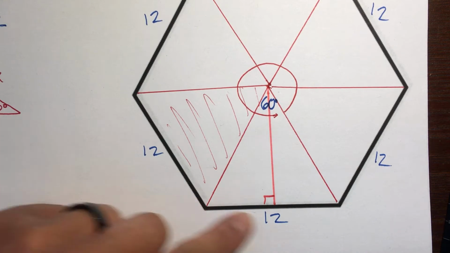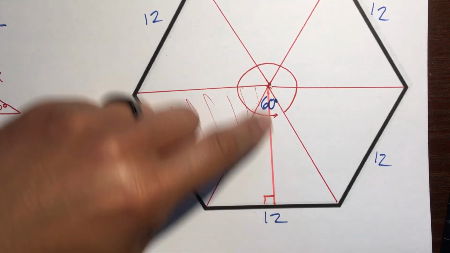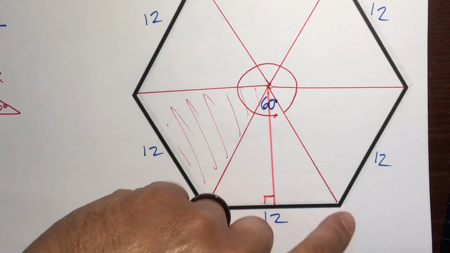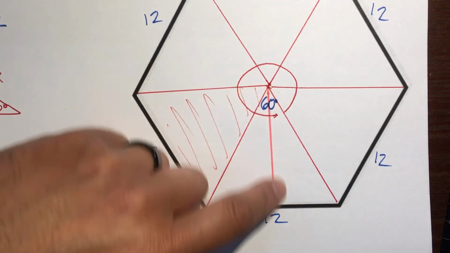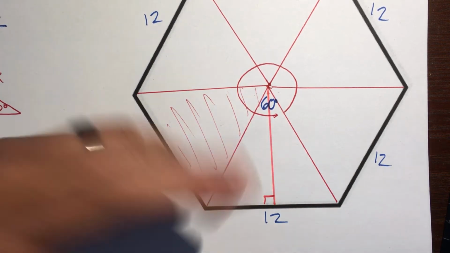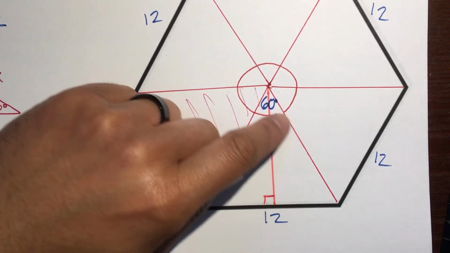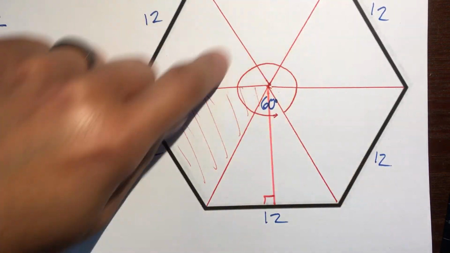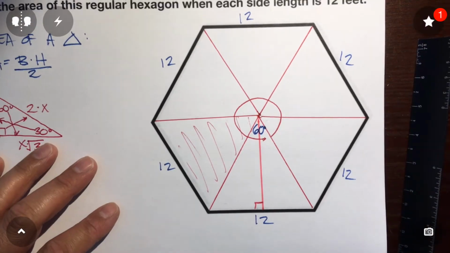Here's our base, and here is our height, because this height is perpendicular to this line. So if we can figure out the length of this height, multiplied by this base and divided by 2, we'd have the area of this triangle, and then we'll multiply it by 6, and we'll have the area of this entire hexagon.